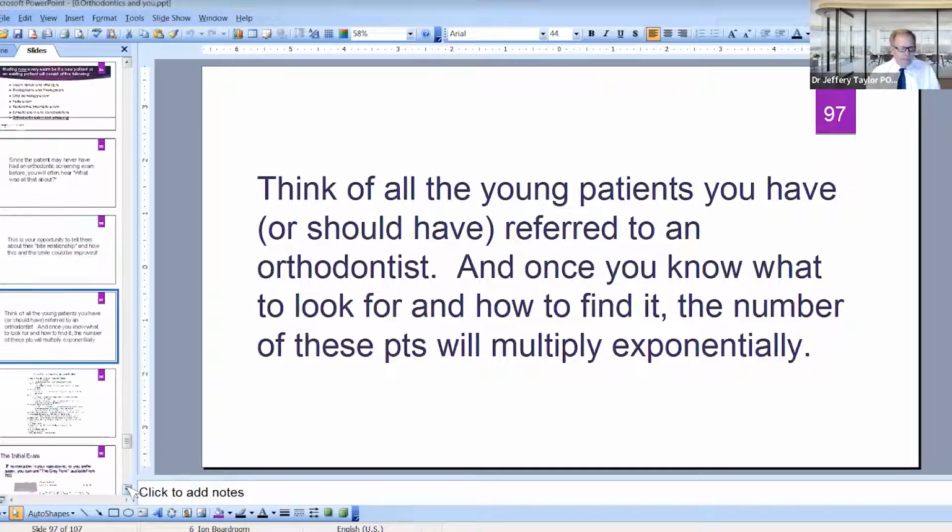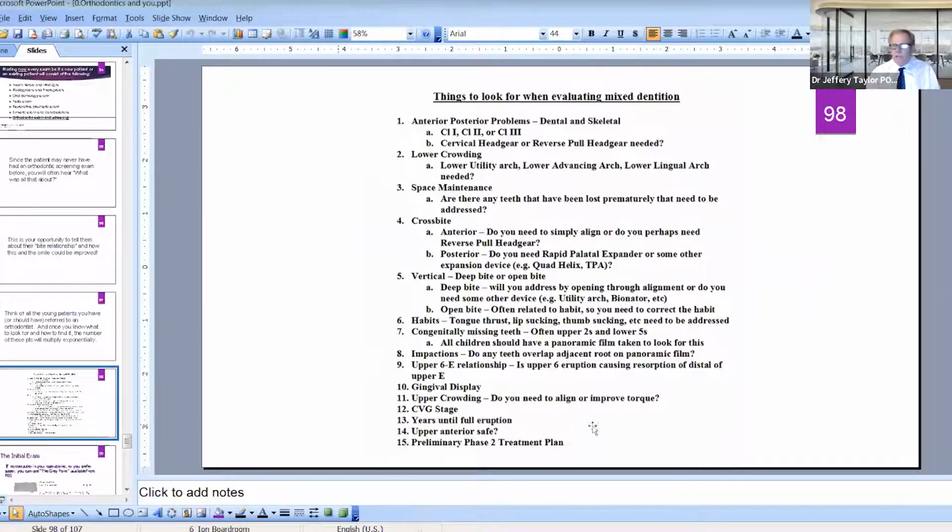Okay. And Dr. Shockley Weir, who just joined us a few minutes ago, the world famous Shockley Weir, I should say, he made up this little list of things to look for in a mixed dentition case. So when you have this list, you could be asking yourself, are any of these things present in the patient that you need to fix, like transverse dimension, crossbite, missing teeth, habits, open bite, deep bite, all that kind of stuff.